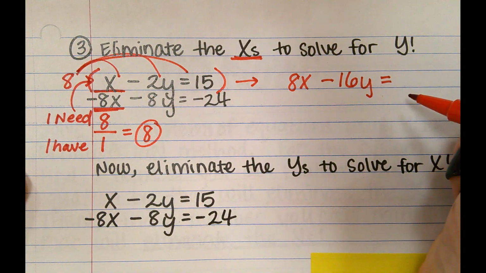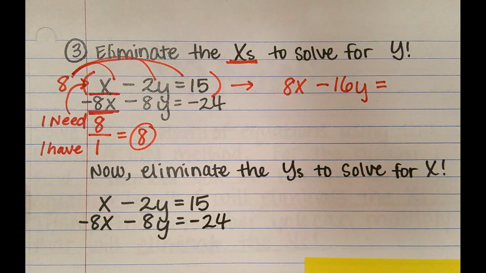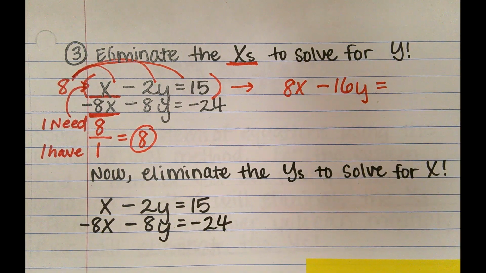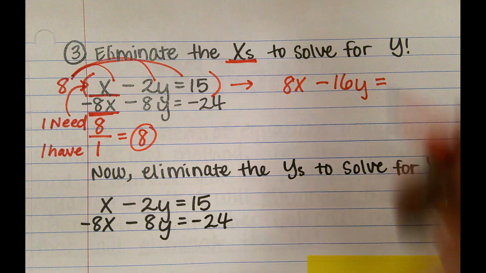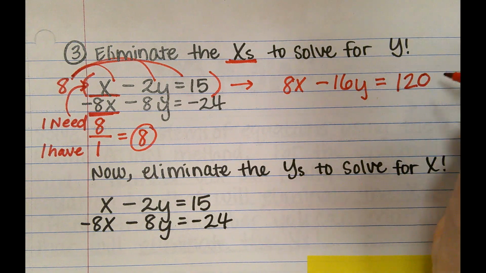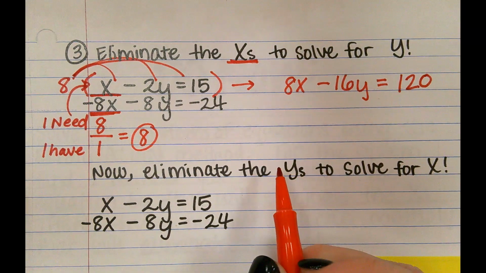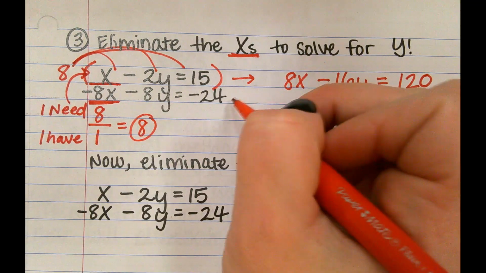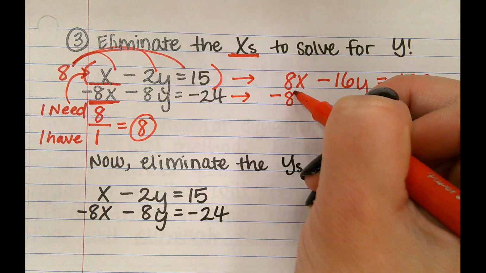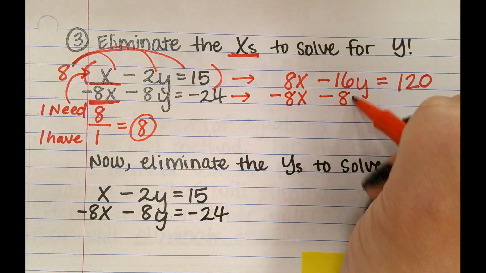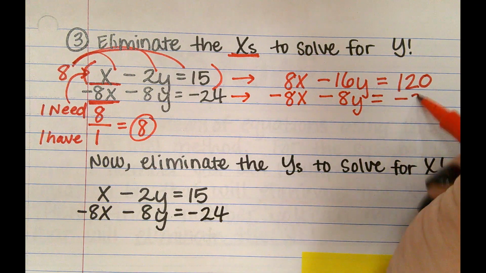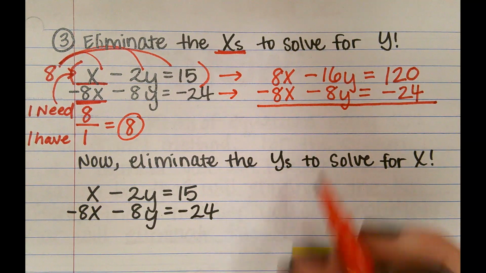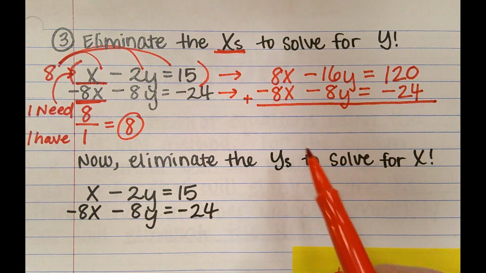What is that? 120. Good. And let's bring over the bottom equation. Negative 8x minus 8y equals negative 24. And we'll add them together.